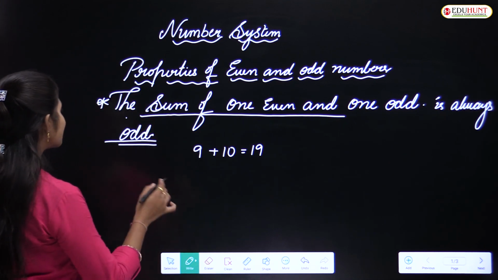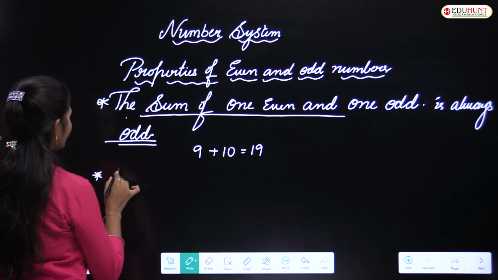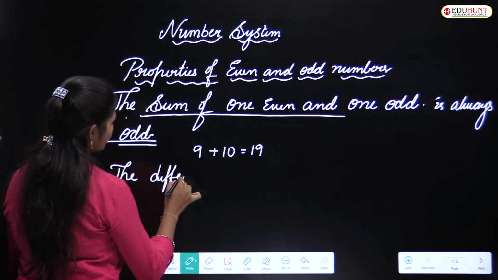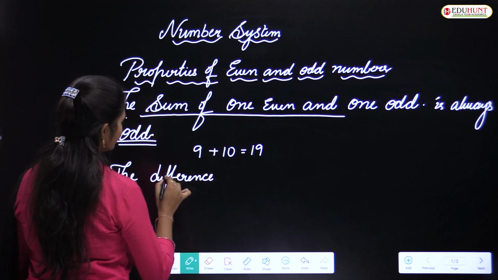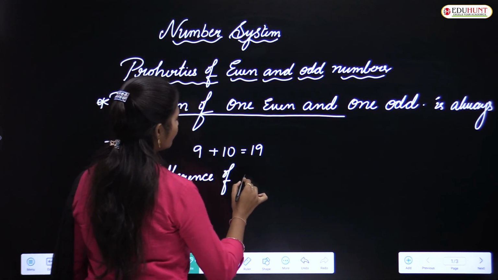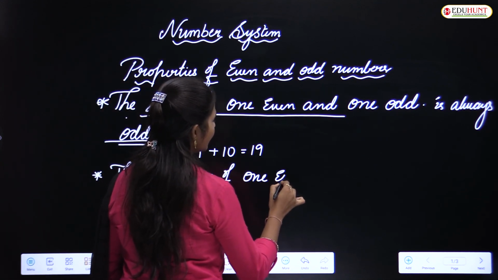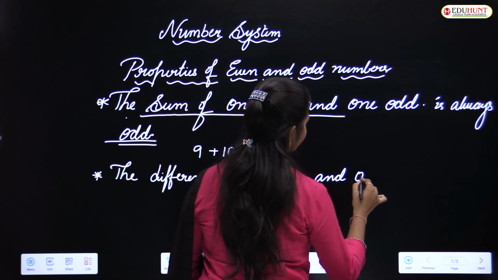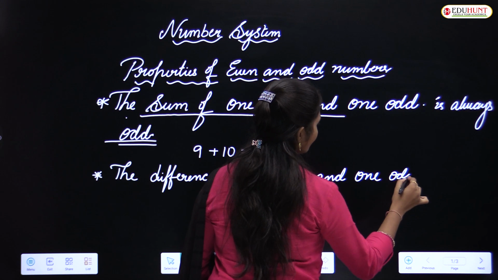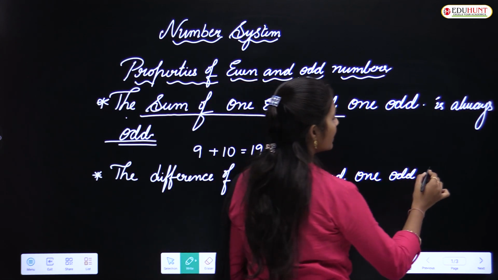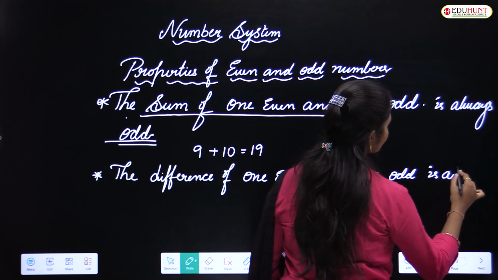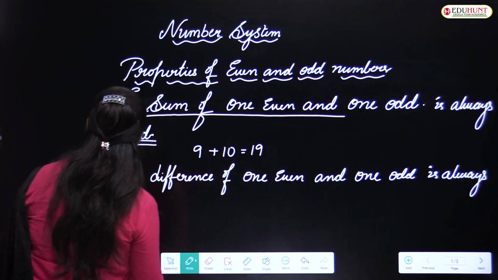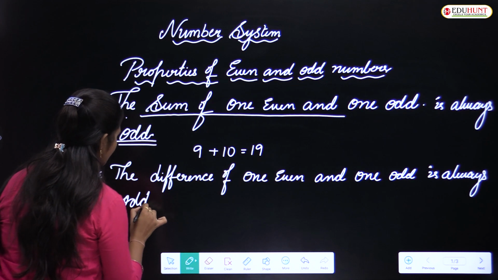Okay, and now the difference. The difference of one even number and one odd number is again always odd.